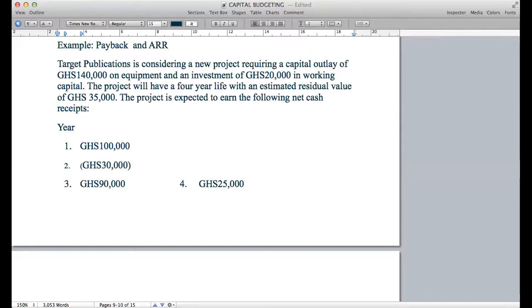I'm not done with the massage. The one in brackets means what? Negative.